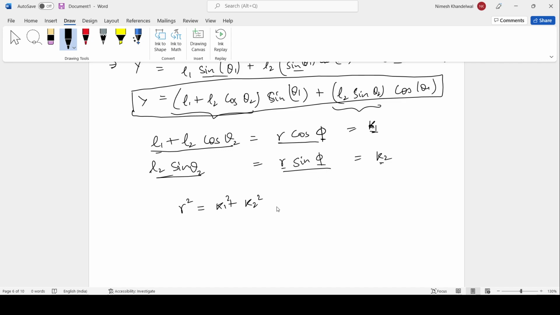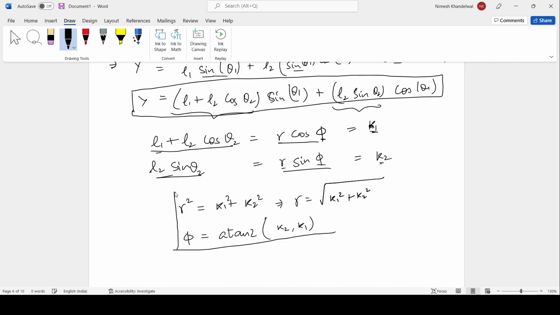Then r comes out to be the square root of k1 squared plus k2 squared, and phi is just tan inverse of k2 over k1. Programmatically, that should be done using the atan2 function.